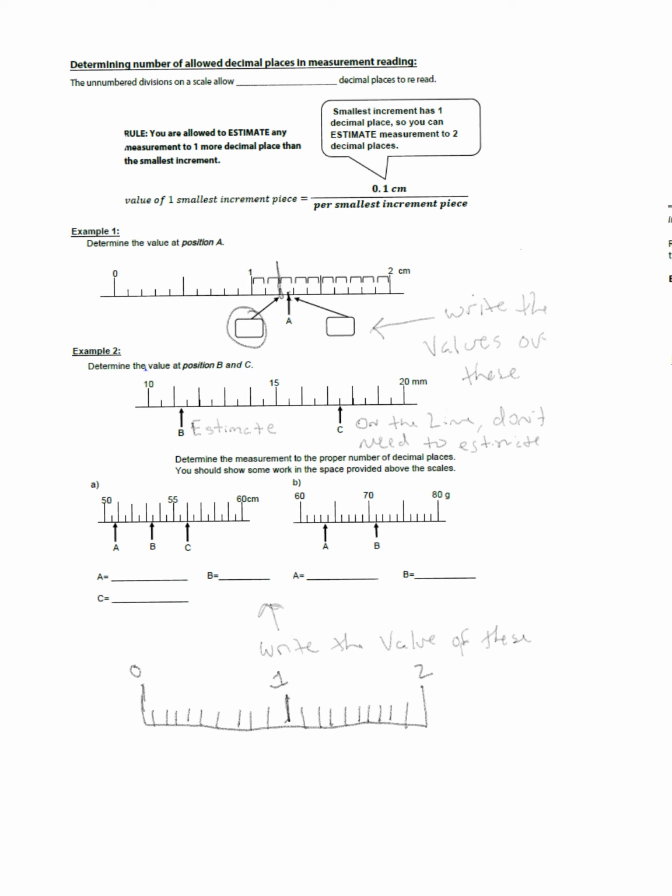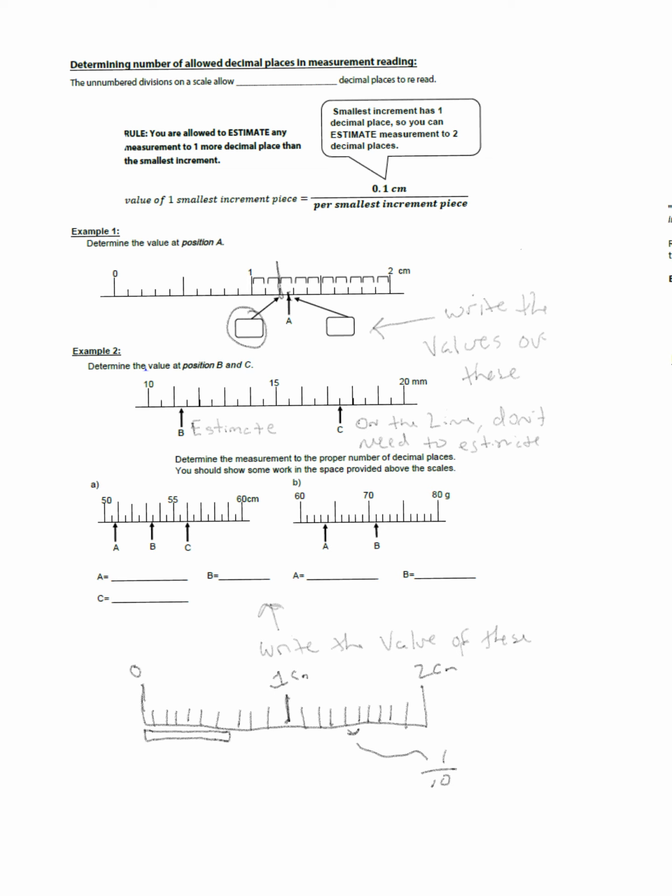Now, a lot of times when we measure things, they don't end up right on one of the lines. So for instance, if I have an object like this and I wanted to measure that. So I know, let's say this is 1 centimeter, 2 centimeters. Each one of these divisions here is going to be equal to 1 over 10.